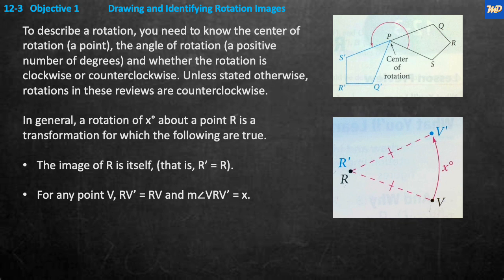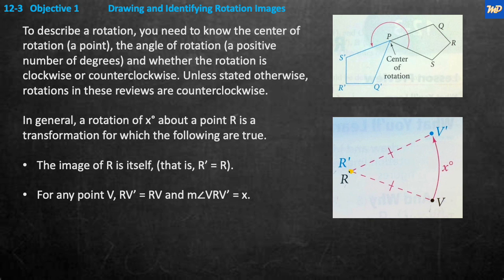So here we're going to talk about it. In general, a rotation of x degrees about a point R is a transformation for which the following are true. So what are we talking about? Looking here to the right, R is the point we're rotating about.